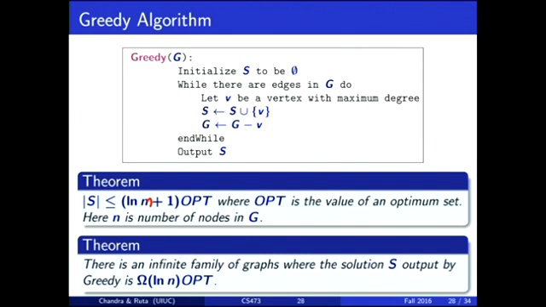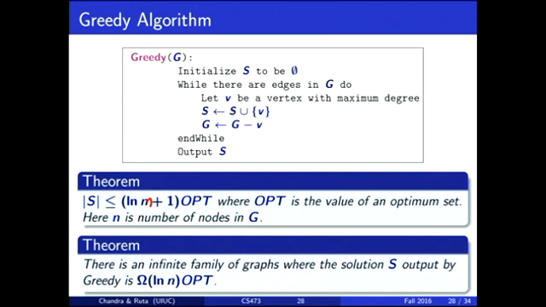Okay, let's parse this for a little bit, right? So if the optimum is some number, it will output some bigger number, because it is not an exact algorithm. Does it run in polynomial time, by the way? It's a simple algorithm, so it easily runs in polynomial time. Does it always output a feasible solution?